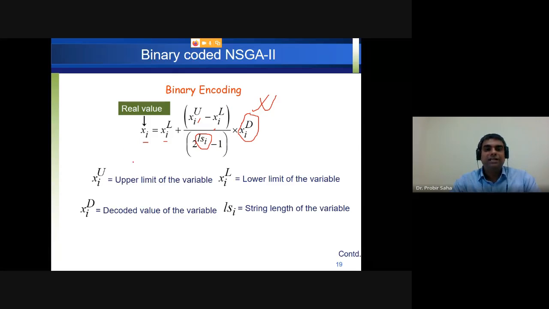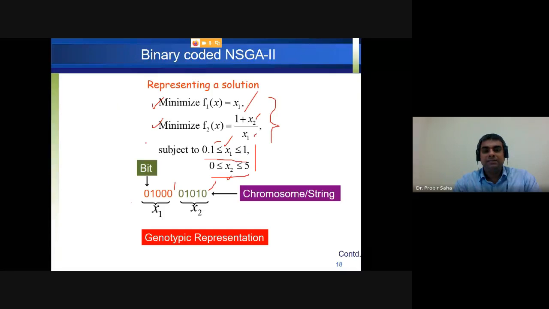And then finally, it will give a value which is definitely guaranteed. Guaranteed the value will be only between this. So this is why the binary encoding is very much important, just to map the arbitrary value, because the solution doesn't know whether the initial population or initial solution you have chosen is lying between the upper and lower boundary or not.